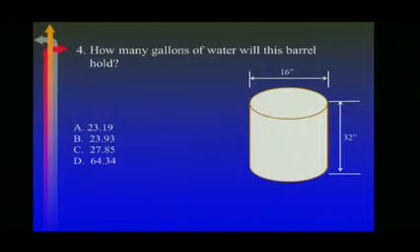When I take 1 cubic inch and convert to gallons, he's asking me how many gallons of water will this barrel hold. The barrel is 16-inch diameter, 32 inches. Those of you who have your book with you, do you have a conversion there? If not, I'll make you write this down someplace, and this is very important.